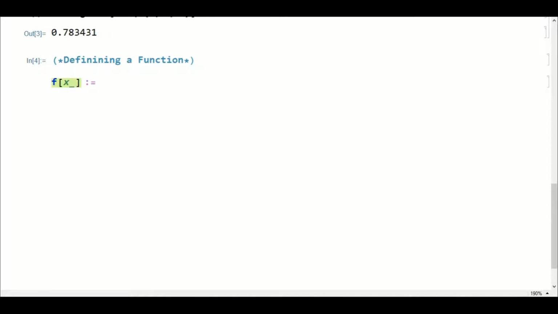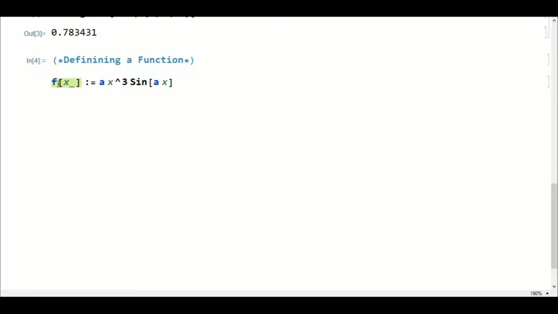I am taking f of x equal to a x cube sine of a x. So this is my function, f of x is equal to a x cube into sine of a x. This is how you have to define a function.